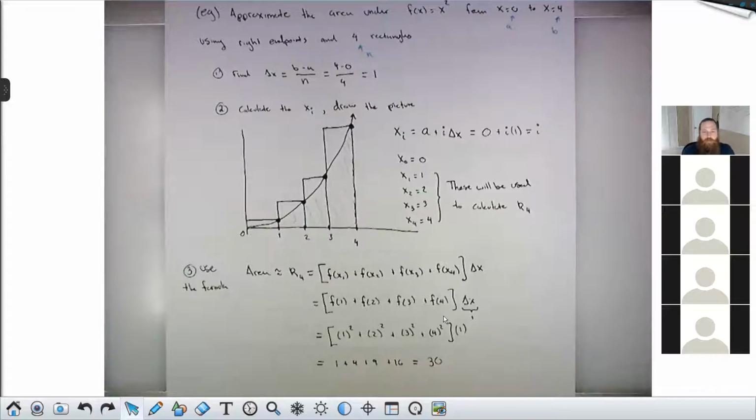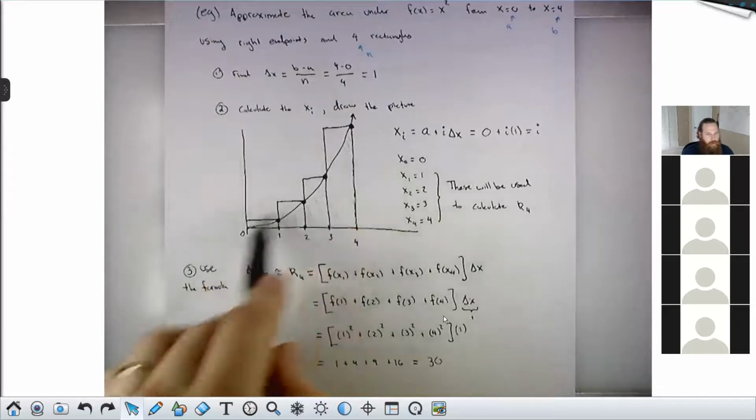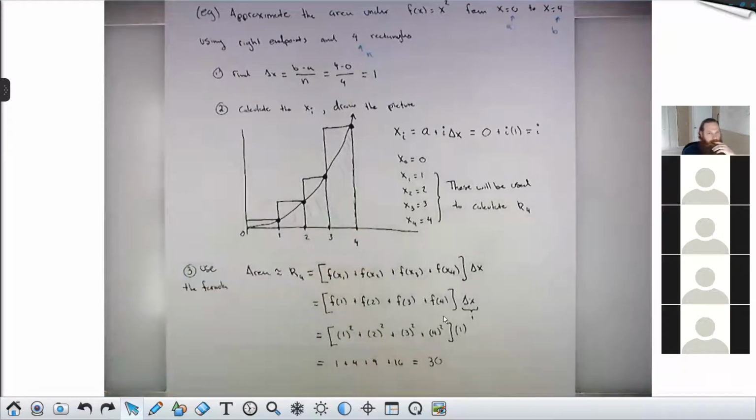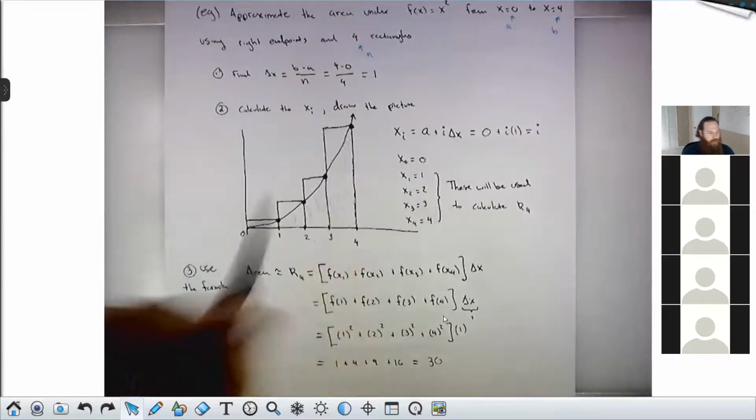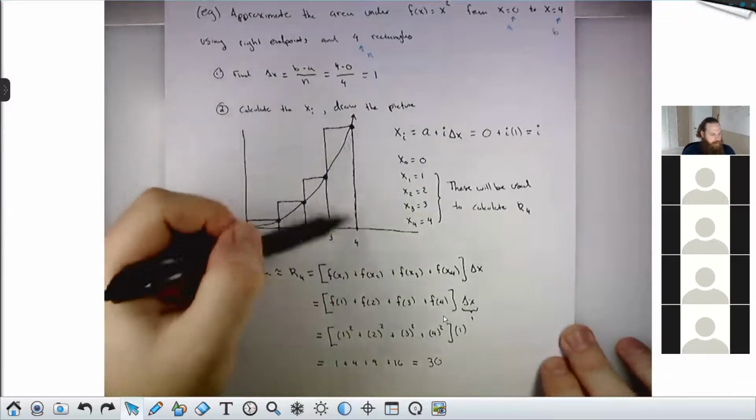Okay, if you don't have a question for me, I have one for you. Is this correct? Is the area under that graph exactly 30 square units, or is it something else? Very good, Harris nailed it. The area under the graph is not exactly 30. It's definitely less, because look, this rectangle is bigger than the area in here.